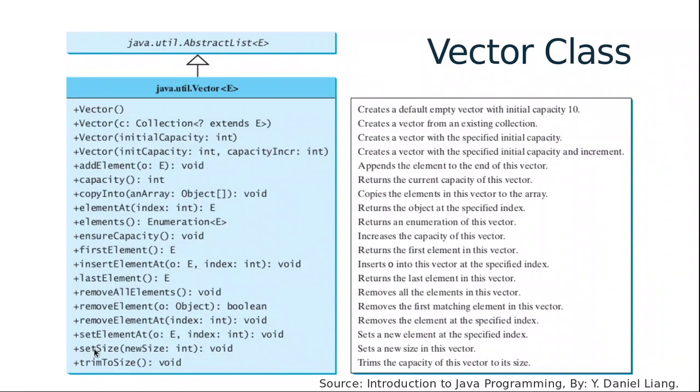Then setSize is the method with which you can increase or decrease your vector size. And then there is the trimToSize method, which is just going to trim your vector to the required size. Now, these are the vector methods which you can use as per your need. Let's have a look at a few vector methods in practical.